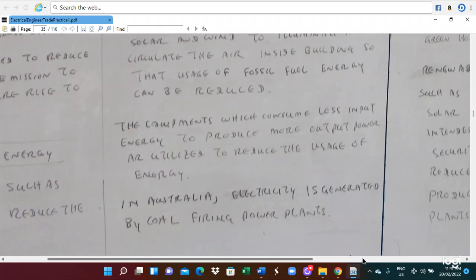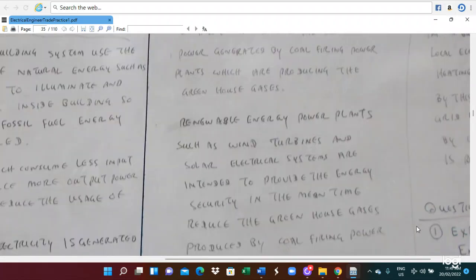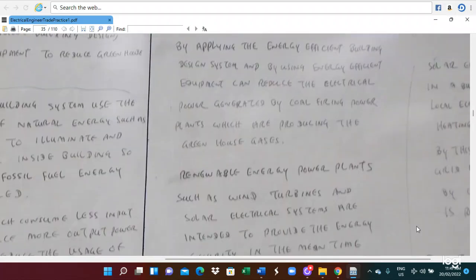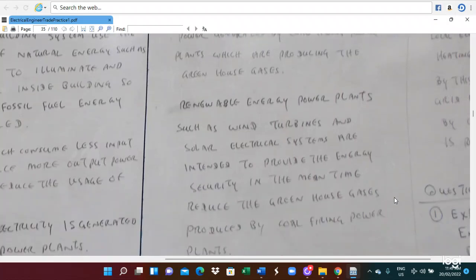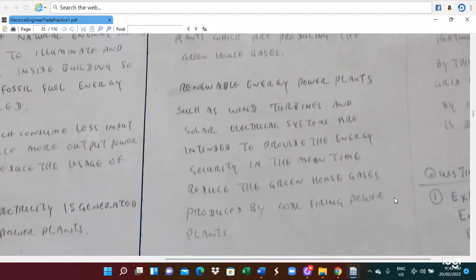By applying an energy efficient building design system and using energy efficient equipment, we can reduce the electrical power generated by coal-fired power plants, which produce greenhouse gases. Renewable energy power plants such as wind turbines and solar electrical systems provide energy security and, in the meantime, reduce the greenhouse gas produced by coal-fired power plants. So this is what we are talking about with energy efficiency.